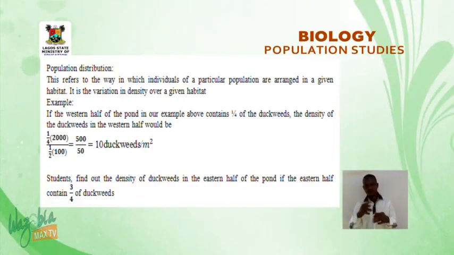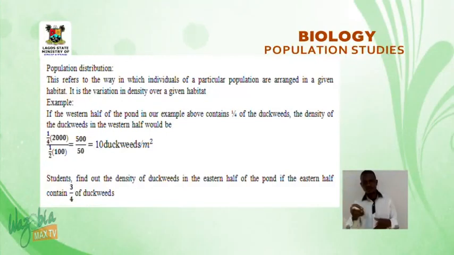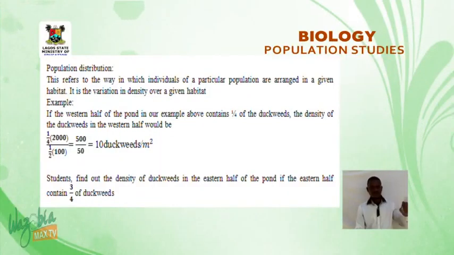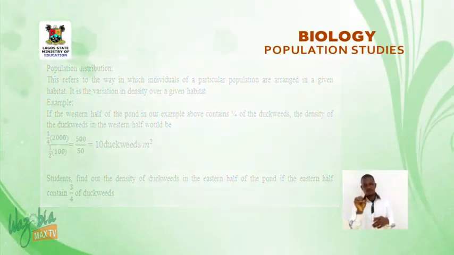Example: if the western half of the pond in our example above contains a quarter of the duckweeds, the density of duckweeds in the western half will be a quarter of 2,000 over half of 100, which gives us 500 over 50. Answer equals 10 duckweeds per meter squared. Students, find out the density of duckweeds in the eastern half if the eastern half contains 3/4 of duckweeds.